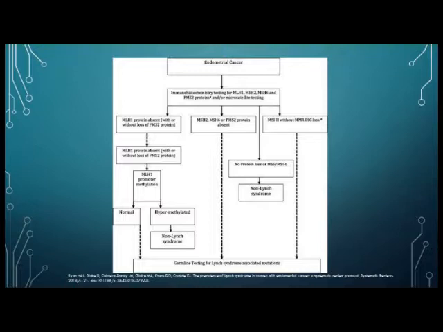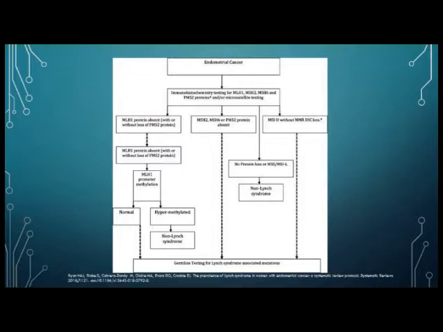So if you test the microsatellites and it's microsatellite instability high, then they should undergo testing. At our institution, we do the immunohistochemistry testing for the 4 genes. So if MSH2, MSH6, or PMS2 are abnormal on that screening, they're referred to get tested.